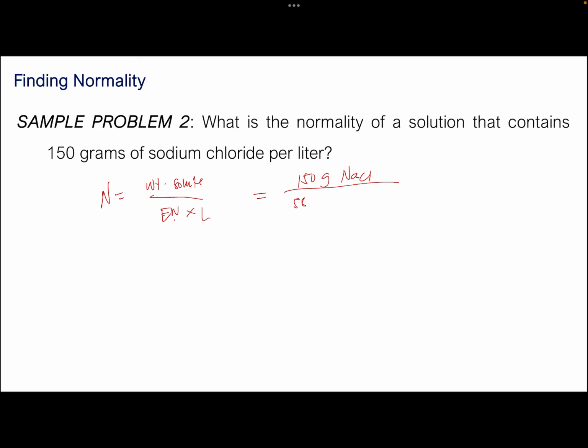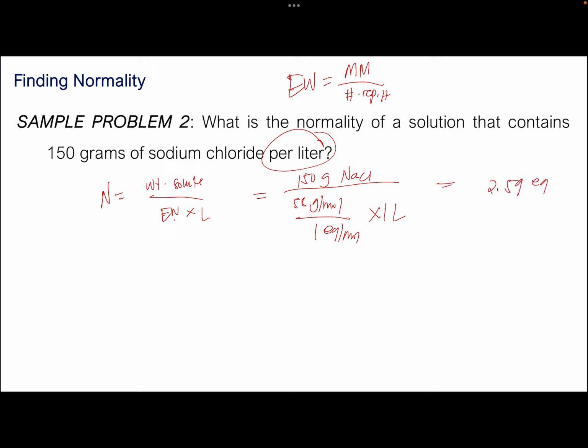Remember, EW equals molar mass divided by the number of replaceable H or OH. So 58 gram per mole divided by 1 equivalent per mole, times the liter. How many liters? 1 liter. So the normality here is 2.59 equivalents per liter.